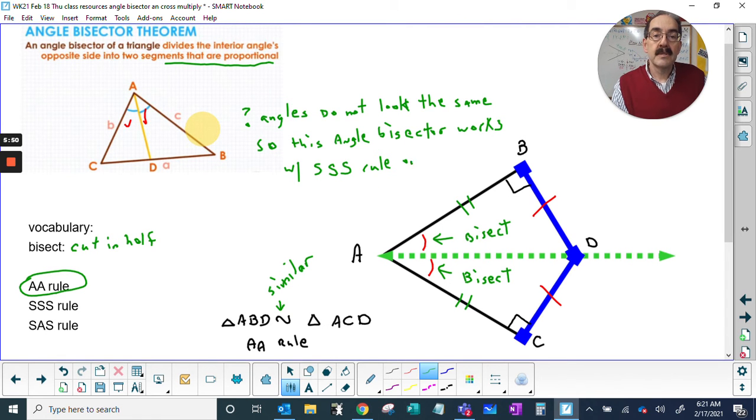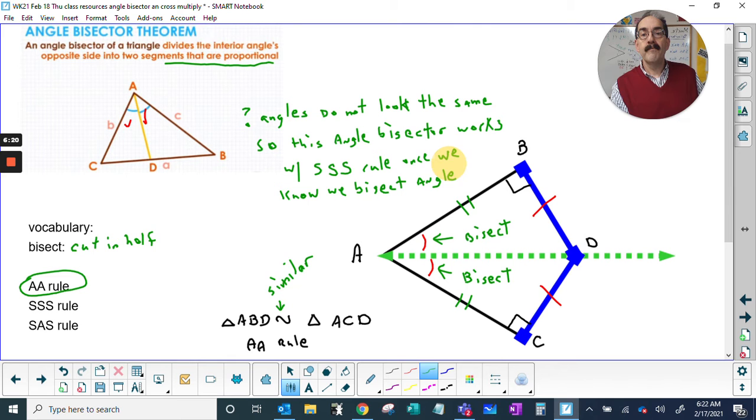Once we know we bisected an angle. Okay? Wow, that's a mouthful.